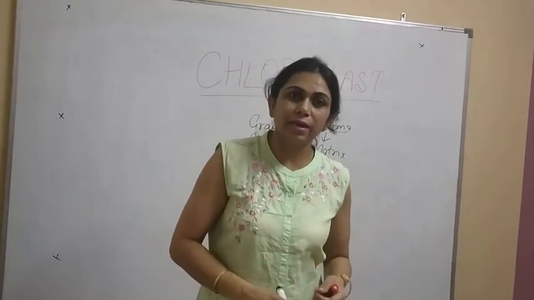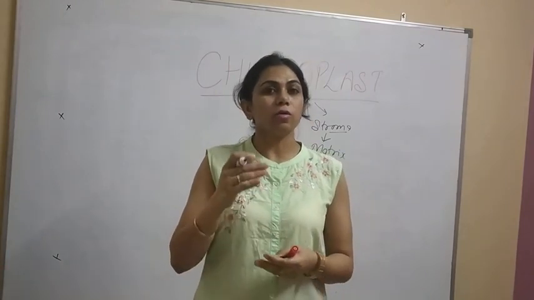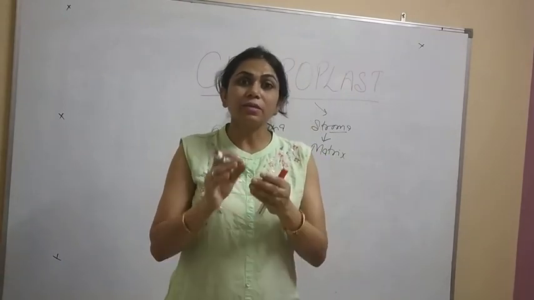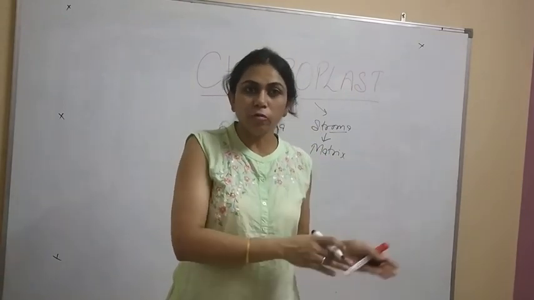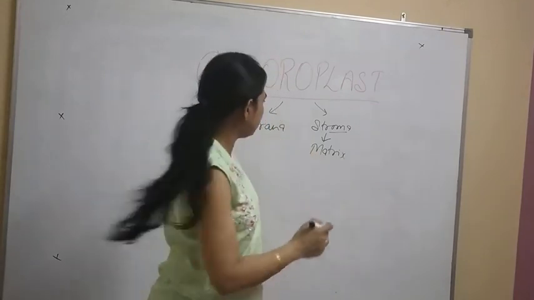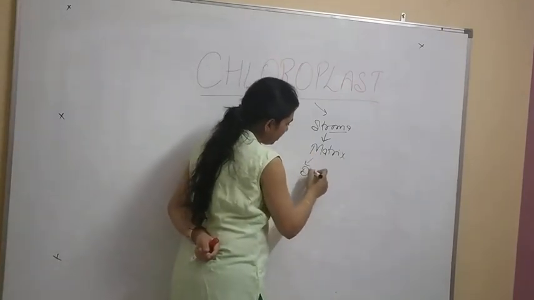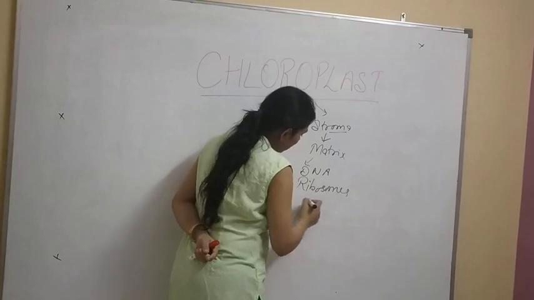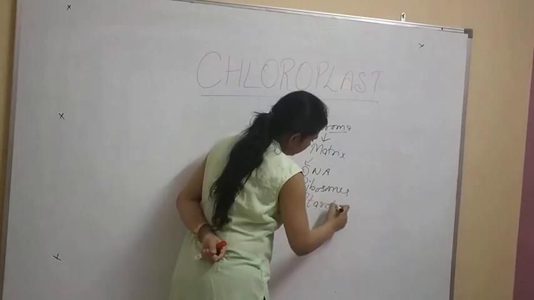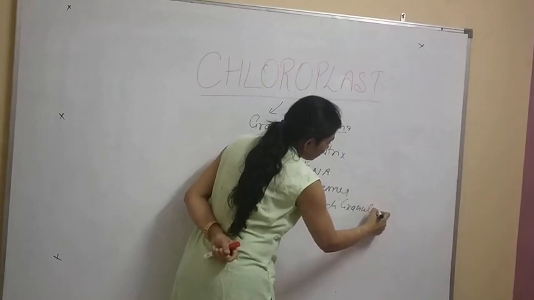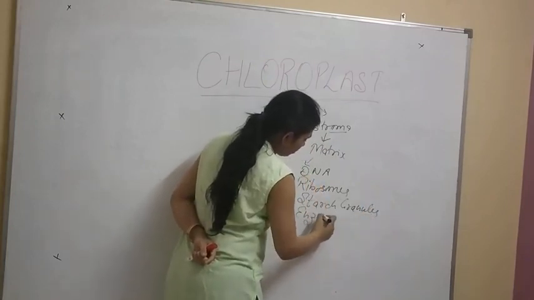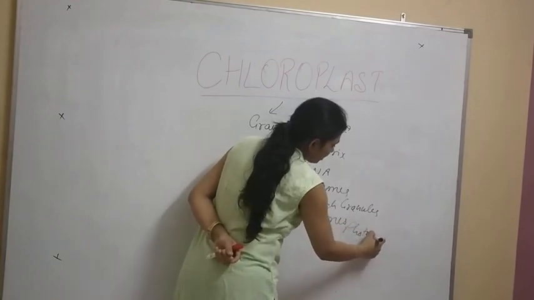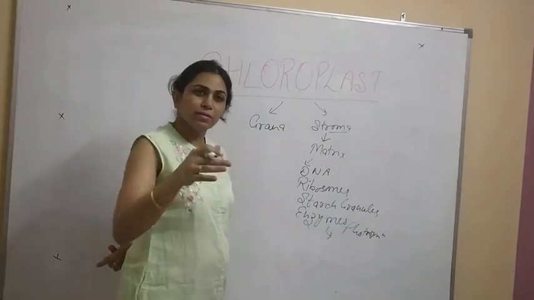In this, DNA, ribosomes, food in the form of starch granules, and enzymes needed for the synthesis of food, that is for the process of photosynthesis, are present. Clear? This is the stroma.